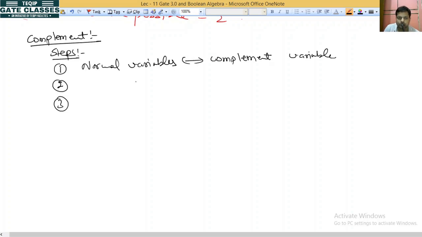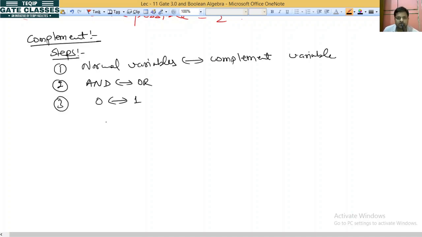Normal variable मिले तो complement दे दो, complement मिले तो normal दे दो, okay? Now you change AND with OR, OR with AND. Change 0 with 1 and 1 with 0, यानी 1 मिले तो 0 डाल दो, 0 मिले तो 1 डाल दो, AND मिले तो OR डाल दो, OR मिले तो AND डाल दो.